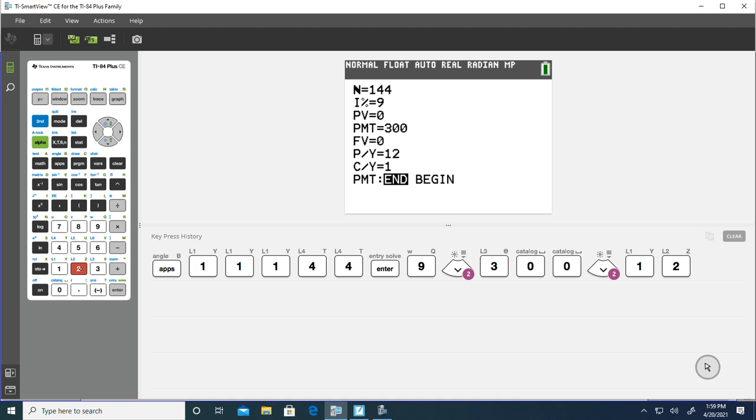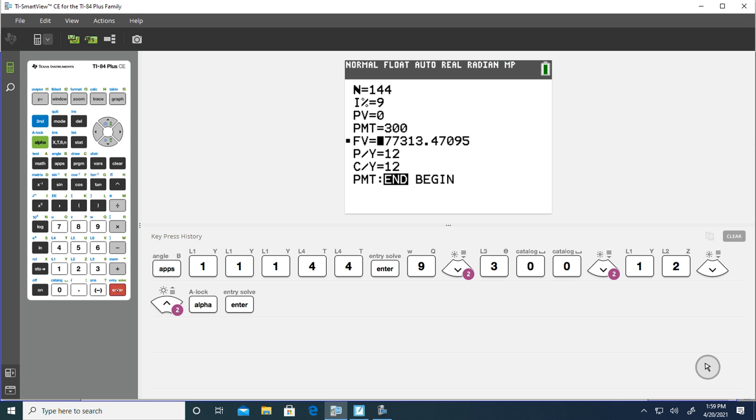Once you hit 12 there and you hit down arrow, then the C/Y comes in. So we're going to go back to future value, and we're going to go alpha, enter, and just ignore the negatives. It's not going to matter. But if they did this, they're looking at $77,313.47. So let me write that real quick. 77313.47.